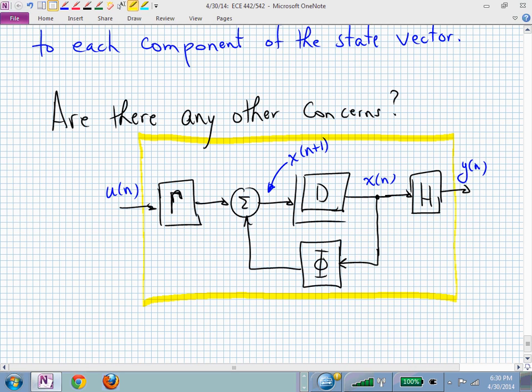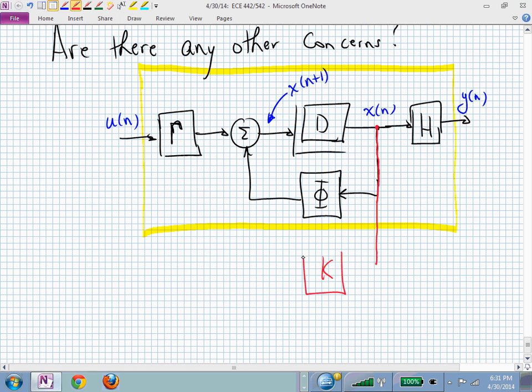But now what am I doing? With full state feedback, I'm assuming that I can go in and measure that x. So that's the same signal. I can just pull it off here. I scale it by k. And it's easier if I put my minus sign there, and then I don't have to indicate a sign on my summing junction.